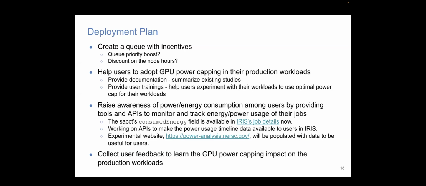Maybe we will create a queue with incentives for users. This is still under discussion. We may consider a boosted queue priority for this queue, or also a discount on the node hours. But these are not finalized. We still need to develop the best way to implement this queue.